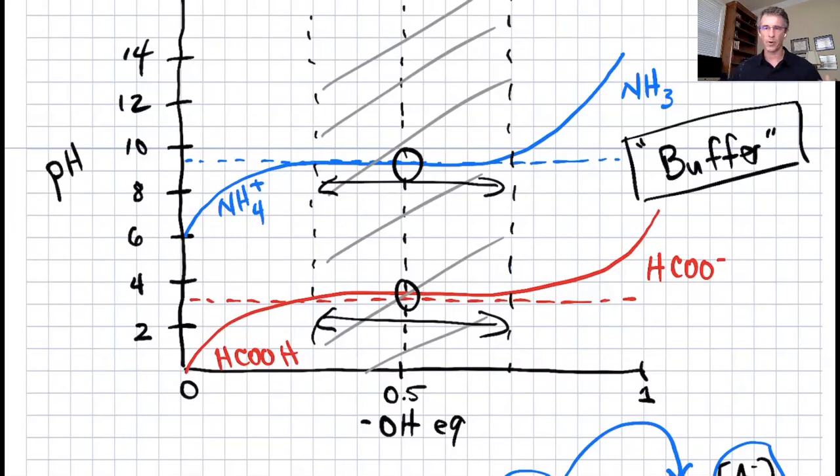Okay, so that's a super important idea, this idea of buffers being able to damp out large swings in pH as important chemistry happens in biology.